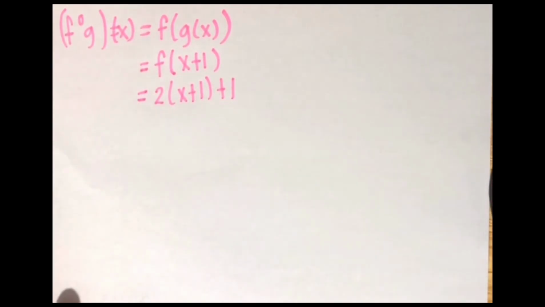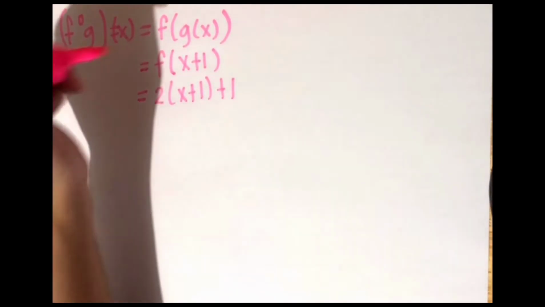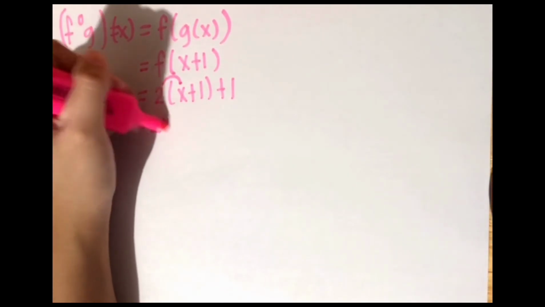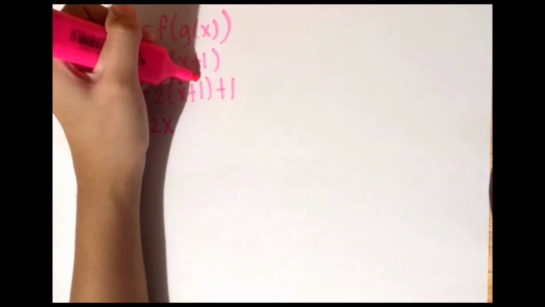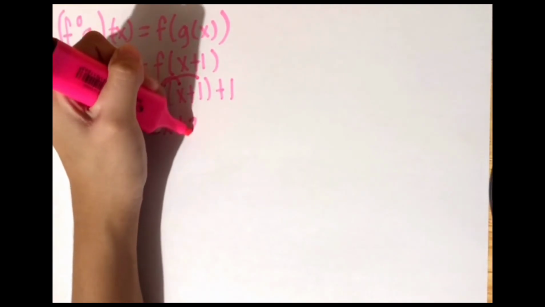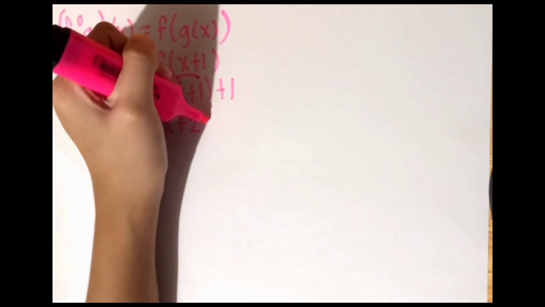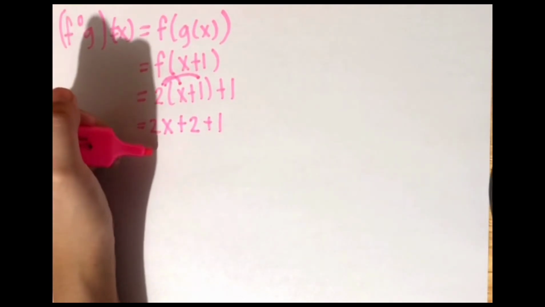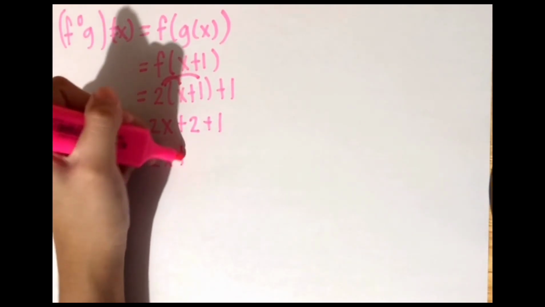Use the distributive property to remove the parentheses. 2 times x is equal to 2x. 2 times 1 is equal to 2, plus 1. Our answer for letter A is 2x plus 3.